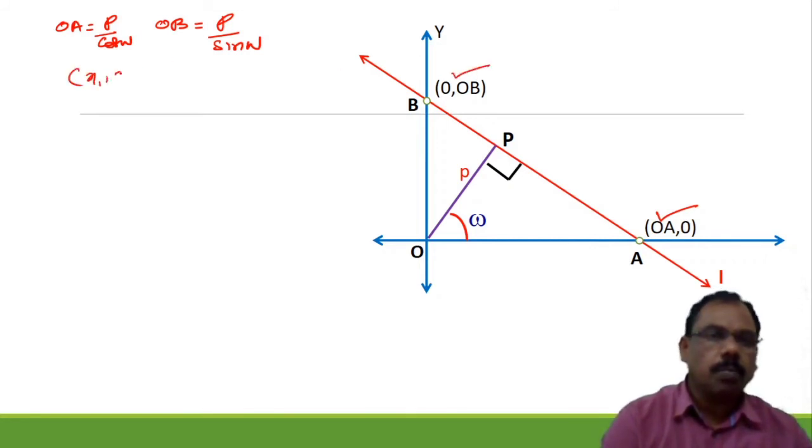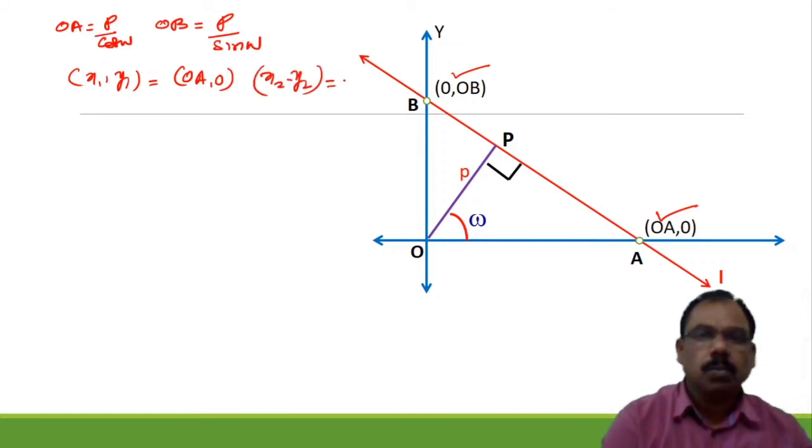We know that the line is passing through (OA, 0) and (0, OB), so (x1, y1) is equal to (OA, 0) and (x2, y2) is equal to (0, OB).